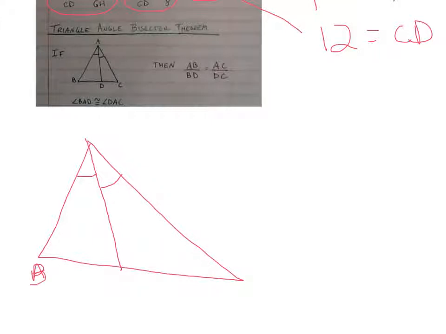And let's see, we've got angle B, angle A, D, and C. What we wind up having is a relationship between distances. So AB to BD is equal to AC to CD.